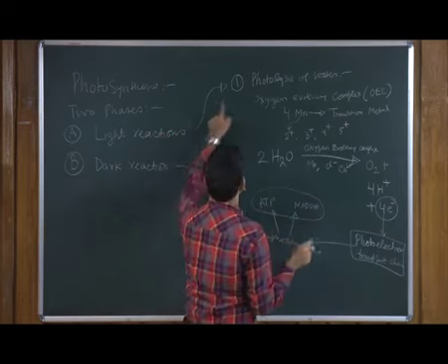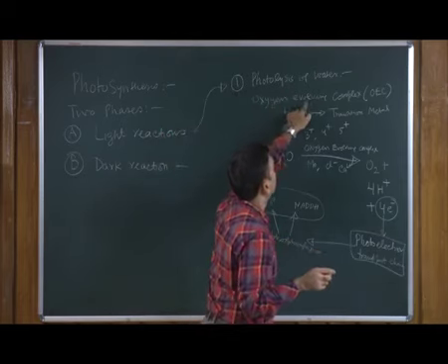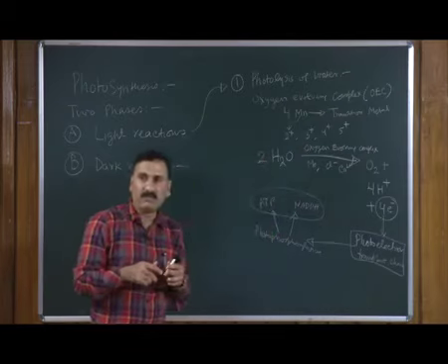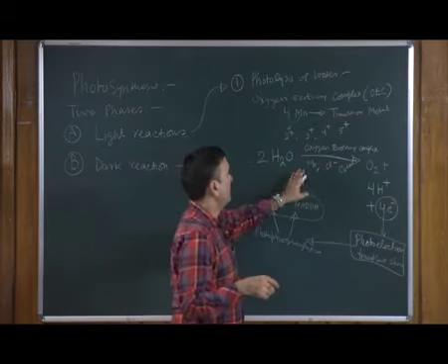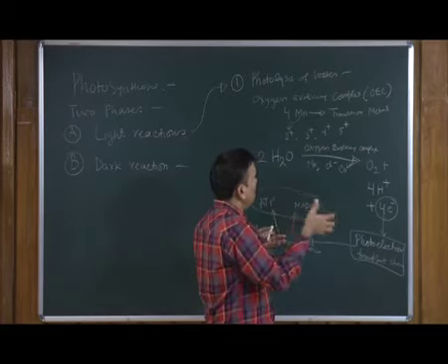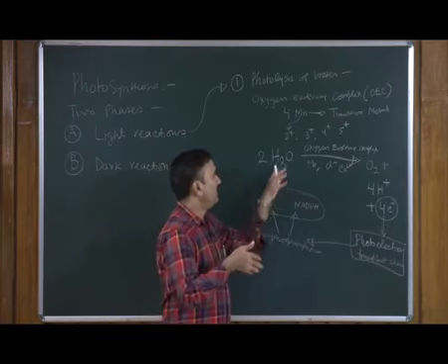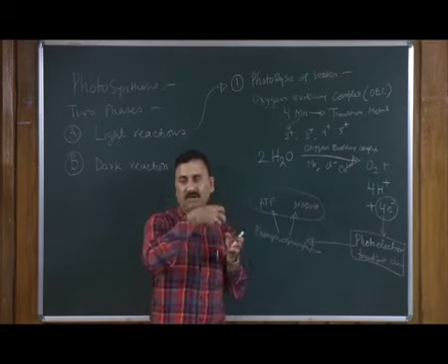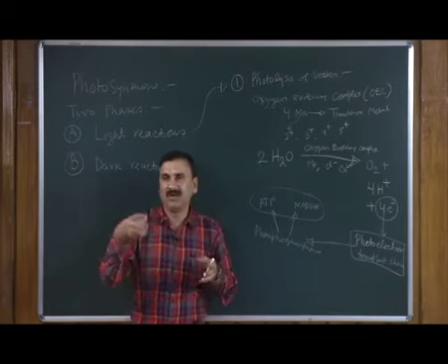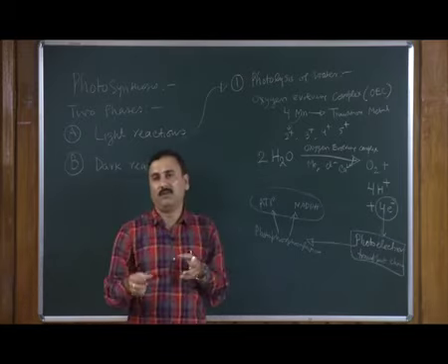So, in the light reaction, the first step is the photolysis of water. Photolysis of water is done by the oxygen evolving complex with the help of the transition metal manganese. Because manganese can go through different states, it can take up different amounts of electrons, and that happens in multiple steps, removing electrons from the water molecules.